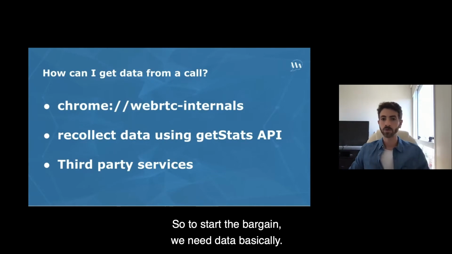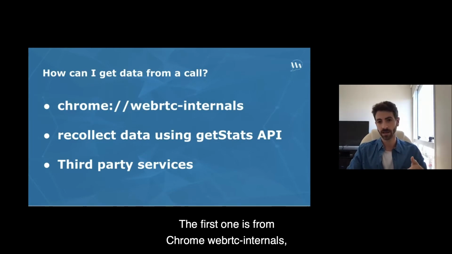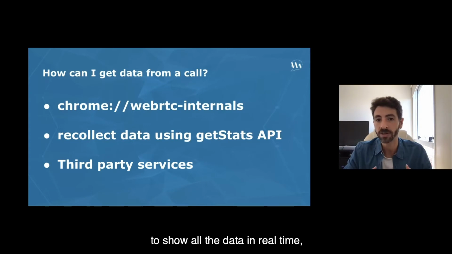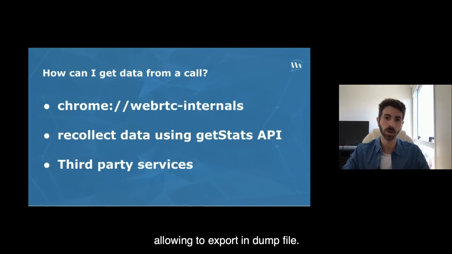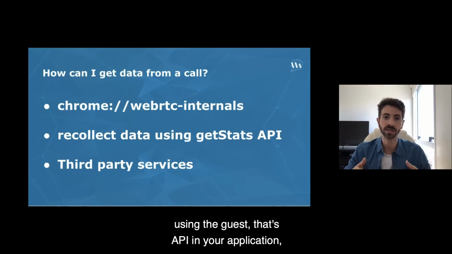So to start debugging, we need data, basically. And we have three ways to get this data. The first one is from Chrome WebRTC internals, which is a popular tool that Chrome offers to show all the data in real time, allowing you to export a dump file. The second option is to collect this data programmatically using the getStats API in your application.